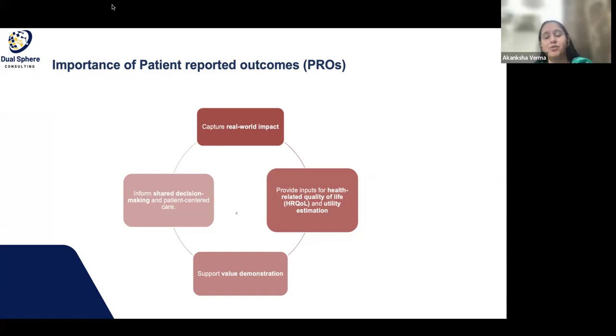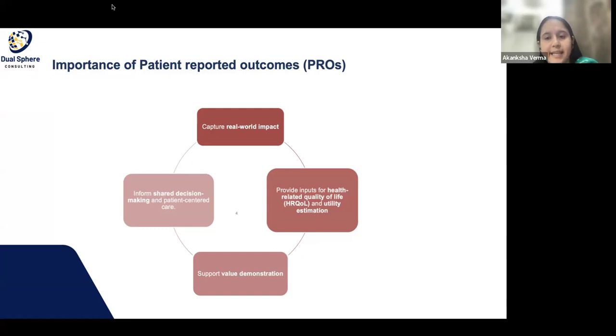First, it captures the real-world impact of the disease or treatment beyond just clinical metrics. Beyond just what is being reported by the specialist or physicians, it helps you capture the real world impact of a disease, much more than the objective symptoms, the subjective symptoms which the patient actually feels after getting a treatment or after having a disease.